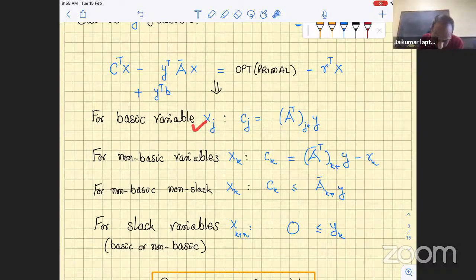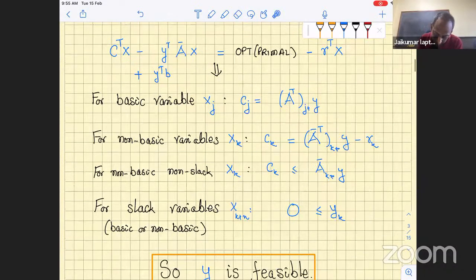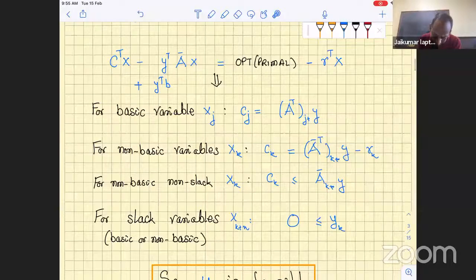So for each basic variable xj, its coefficient here and the coefficient obtained from multiplying Y transpose with A bar must be the same. So we get equality for basic variables, and for non-basic variables, the coefficient of x on this side and the coefficient obtained by moving this A bar to the right must match.